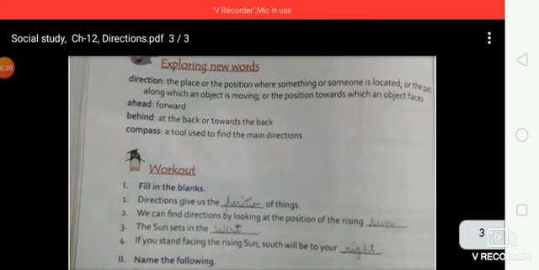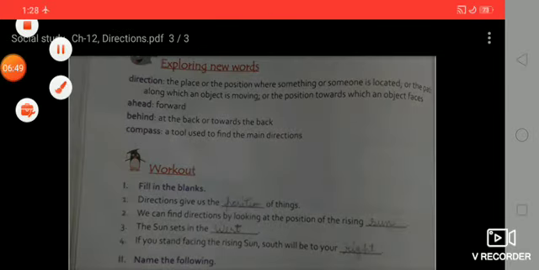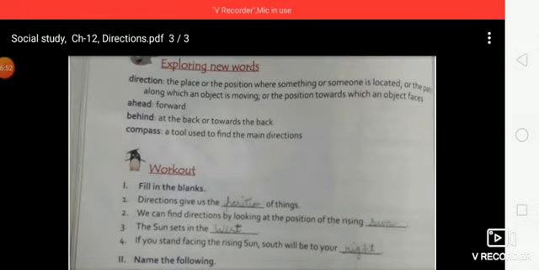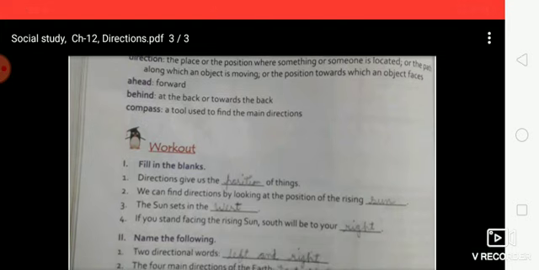Now come to exploring new words. Direction: the place or the position where something or someone is located, or the path along which an object is moving, or the position toward which an object faces.